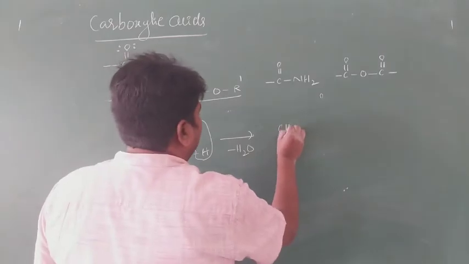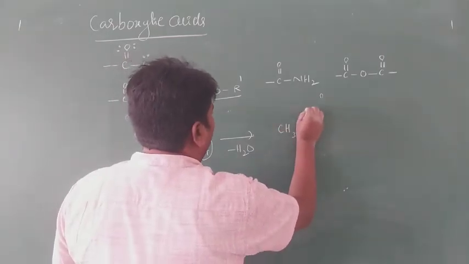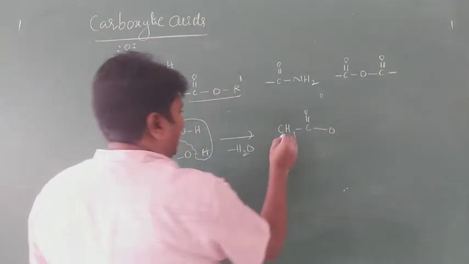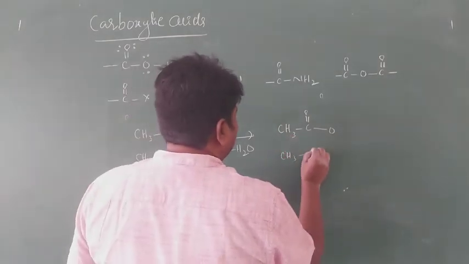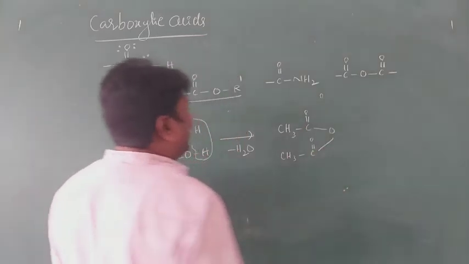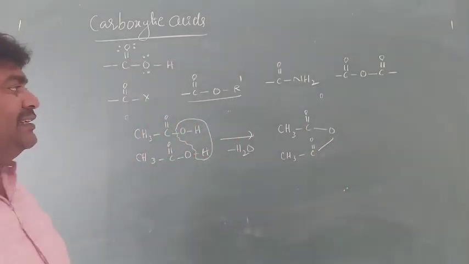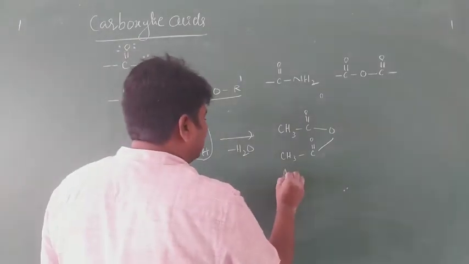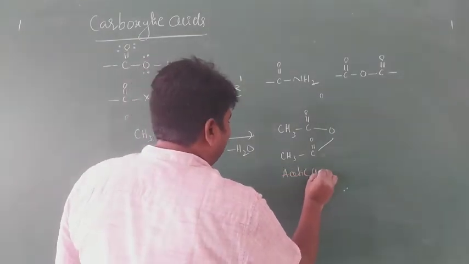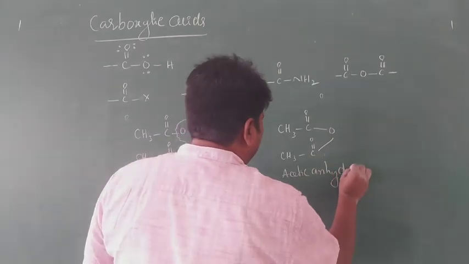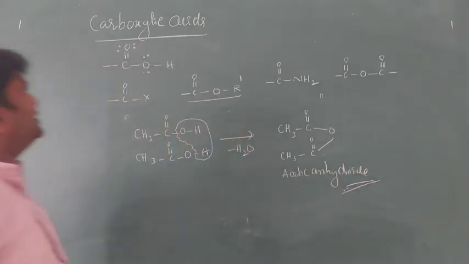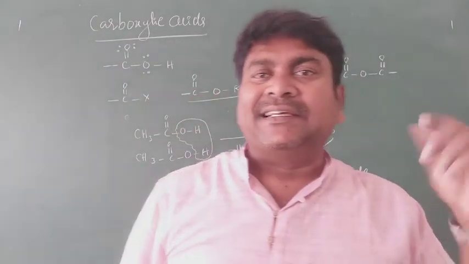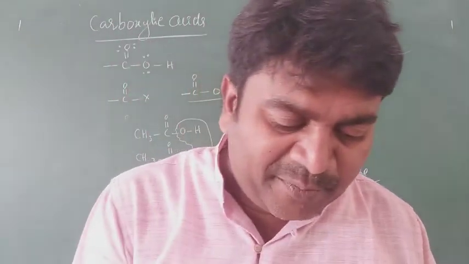Next, CH3 C double bond O, oxygen, CH3 C double bond O. This is acetic anhydride, acetic because of acetic acid. This is the nomenclature of carboxylic acids and their derivatives. It's very, very important, my dear students.